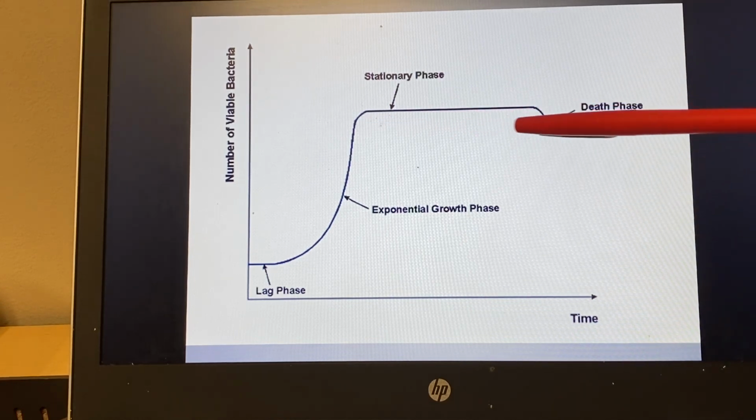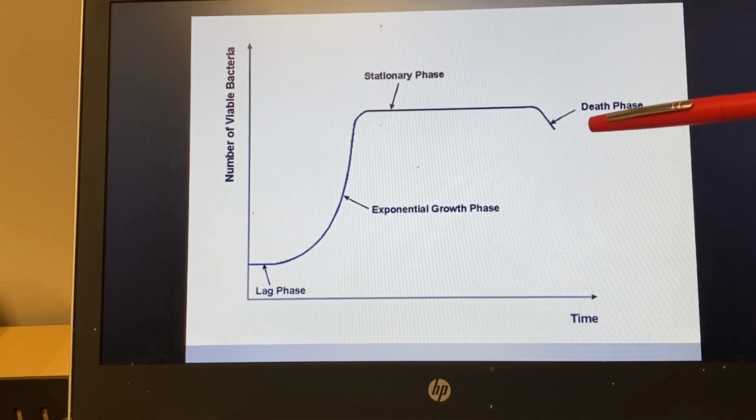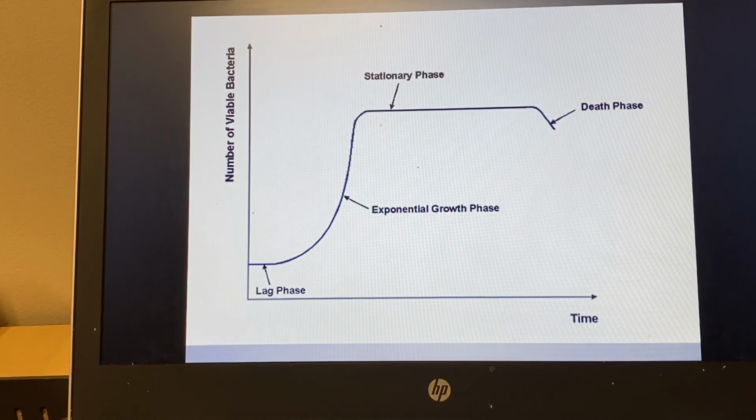Then the stationary phase, which is a straight line or a plateau, happens when the number of cells produced equals the number of cells that are dying. This is because nutrients are running out, things are not so good anymore. And then finally, you reach the death phase, and I know this isn't continued here, but basically it would come straight down, very similar to the same pattern as you saw in the log phase or the exponential growth phase.